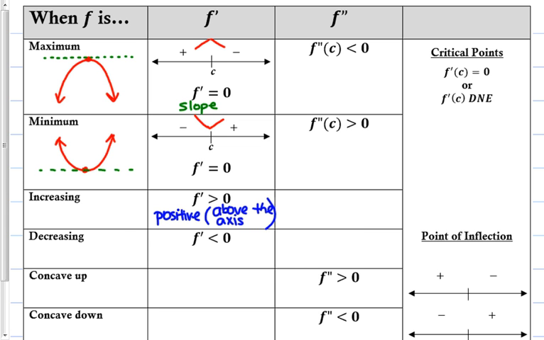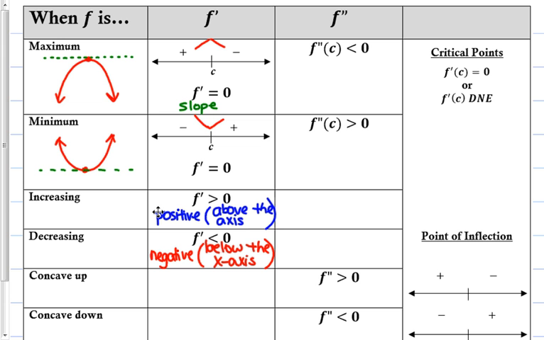For decreasing, when f is decreasing, my derivative is negative. Simply put, below the x-axis, because all my y values that are negative are below the x-axis, or the bottom half of the coordinate grid.